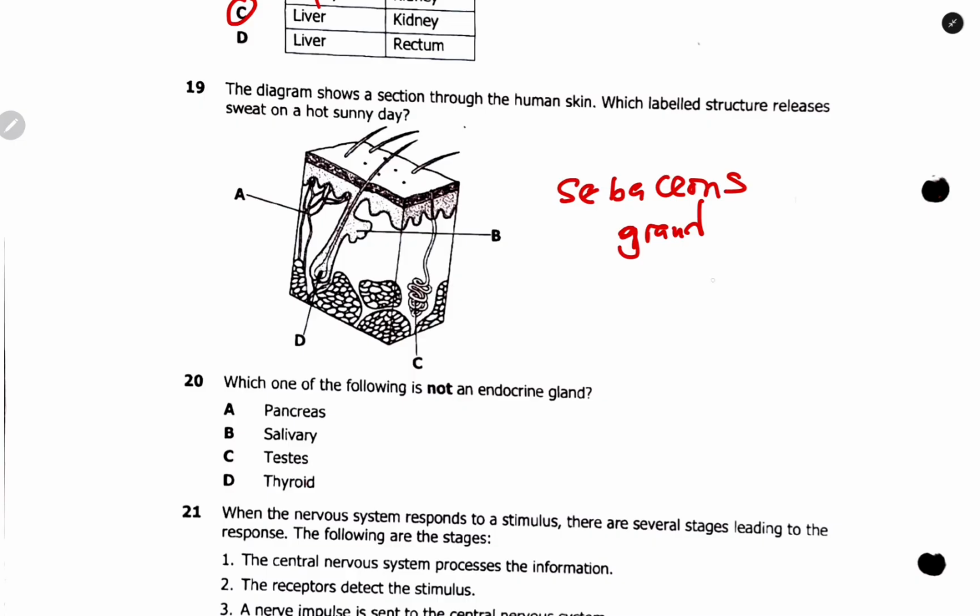I guess I've pronounced it correctly. But D is the hair follicle. D is the hair follicle. And then of course C is the sweat gland. So the sweat gland is the one that produces the sweat. So the answer here is C.